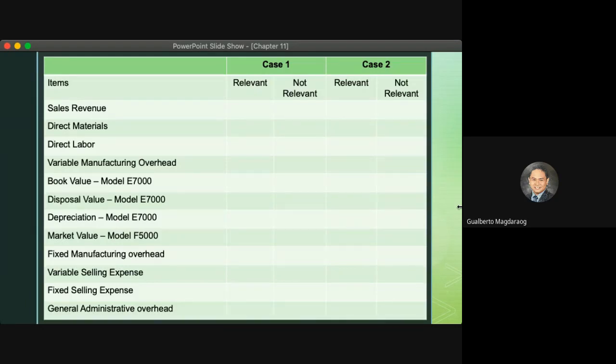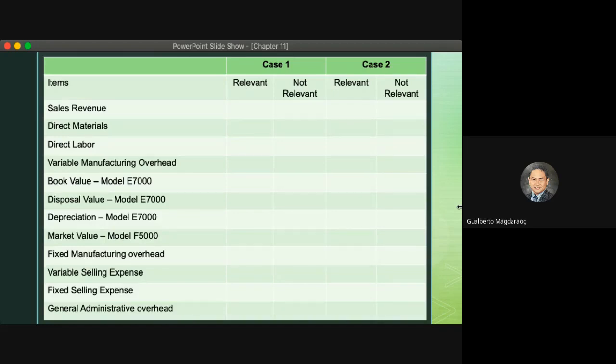Okay, so in that situation, the management is planning to buy a new machine as an additional machine to E7000. Because sabi niya sa unang statement, E7000 is being used chronically, meaning at full capacity. Siguro marami silang order, kaya isa lang yung machine, kaya yung machine at full capacity.